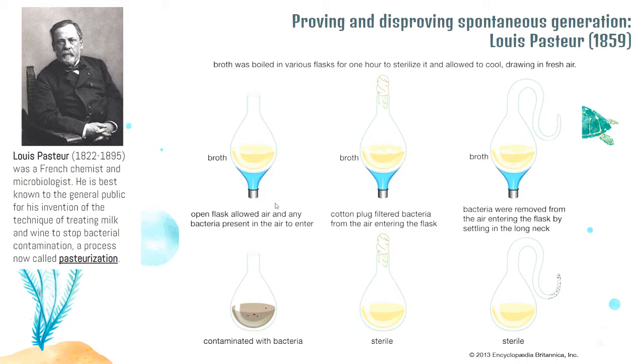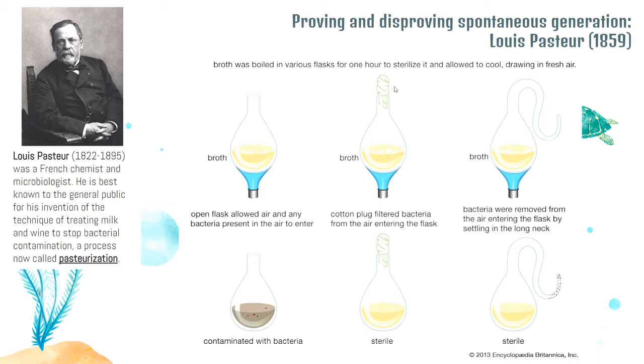His first setup had a flask with an open neck. Okay? This allowed air and bacteria to enter, and as expected, after several days, contamination was visible. Okay? The broth was contaminated with bacterial growth. His second setup was the same, except that instead of being an open jar, the neck was filtered, okay, or was plugged with cotton, which filtered the bacteria.